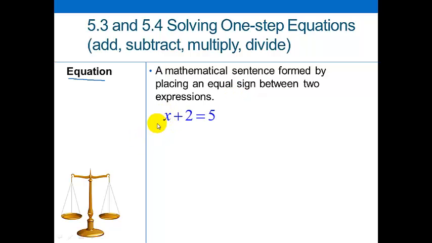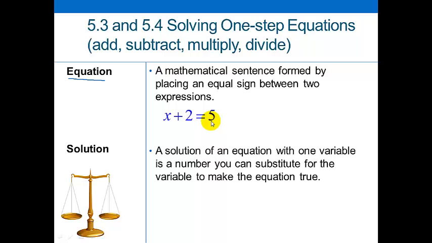So here's an example. I have some unknown amount. I add 2, that is going to equal 5. So the way I would read this is x plus 2 equals 5. So a solution to an equation is what will make this a true statement.